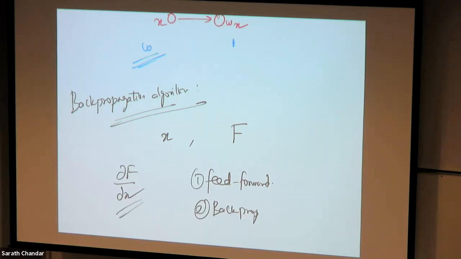Okay, that's a good question. The question is, do we need to do this backpropagation step after each data point? A naive way of implementing this is by using backpropagation for every data point.